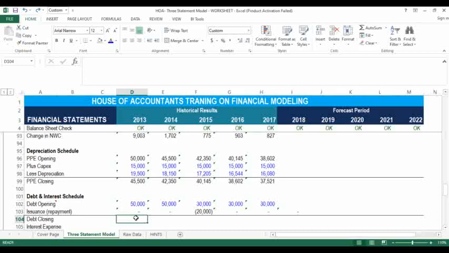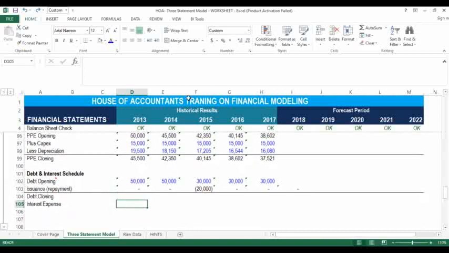So in this case now, you have interest expense. And how much is the interest expense? Someone is asking a question: is the schedule limited to three: working capital, depreciation, and debt interest? Yes, please. The schedule is just for key things, and the key things are just the PPE, the working capital, and then the debts and interest.